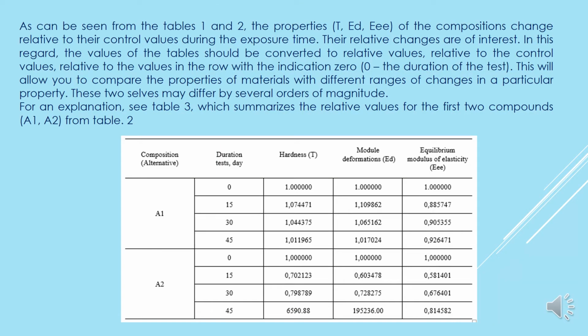As can be seen from tables 1 and 2, the properties of the compositions change relative to their control values during the exposure time. Their relative changes are of interest. In this regard, the values of the tables should be converted to relative values, relative to the control values, relative to the values in the row with the indication 0. 0 is the duration of the test.